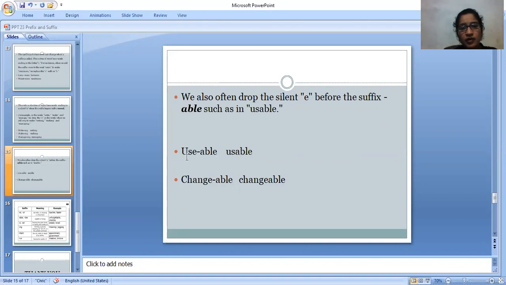E is not a part of this new word. But here you can see in changeable, the base word change with the addition of the suffix able gives a new word changeable where E is retained. E is not dropped here. So it's not always. This rule is applicable to a few words, and a few words won't go along with this rule of dropping E.